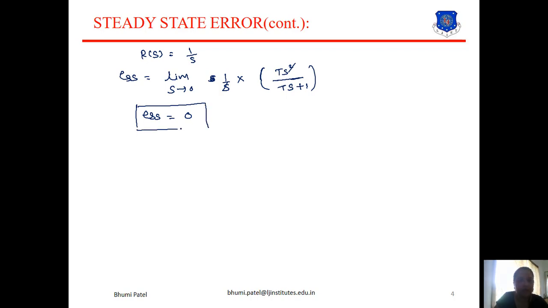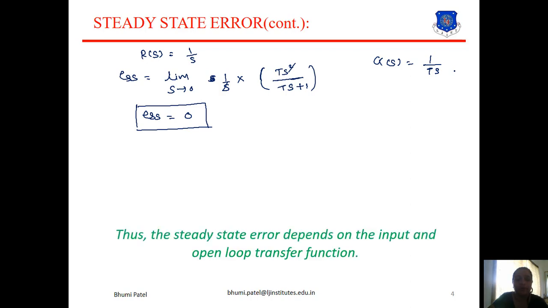Steady state error for this system G of s is equal to 1 by Ts is equal to 0. So this is the steady state error equation. So the steady state error depends on the input and the open loop transfer function.